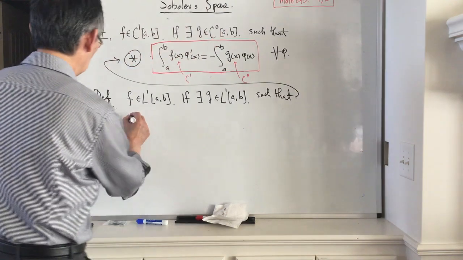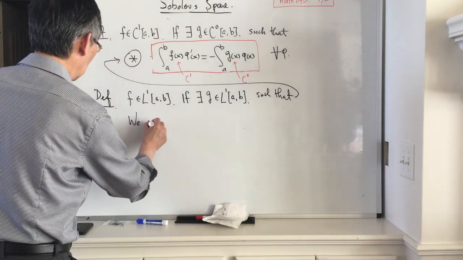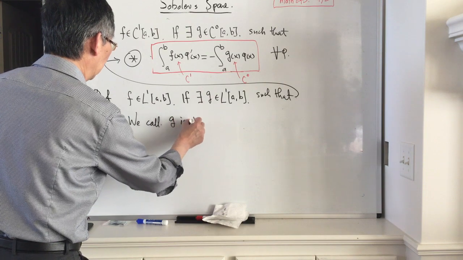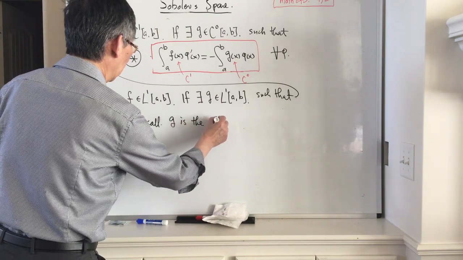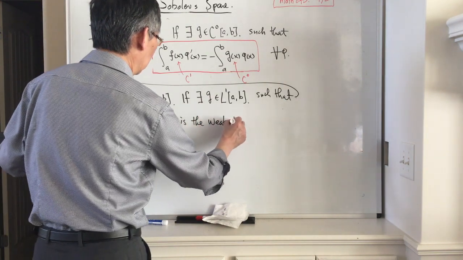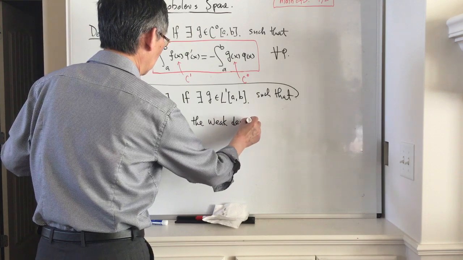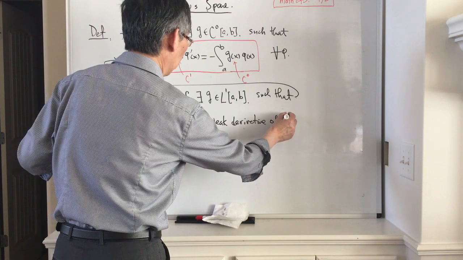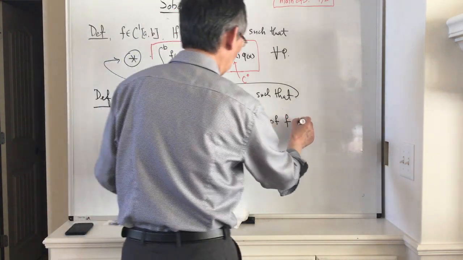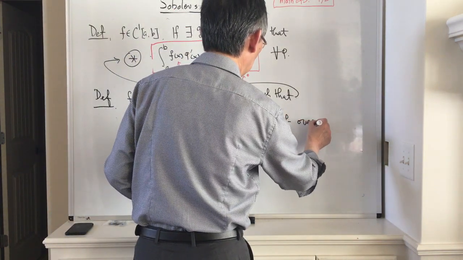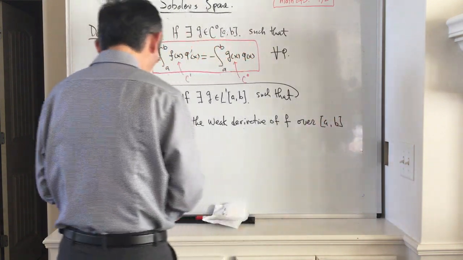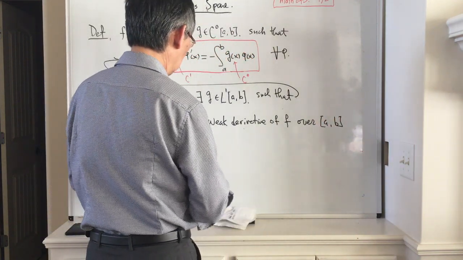Then we call g the weak derivative of f over the interval (a,b). So that's the definition of the weak derivative, in the weak sense.